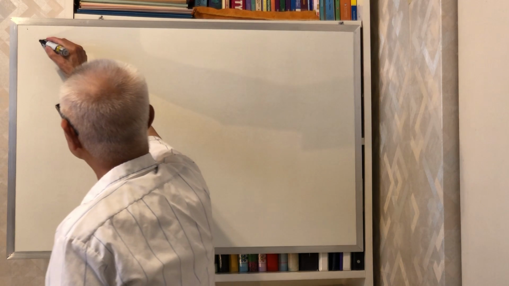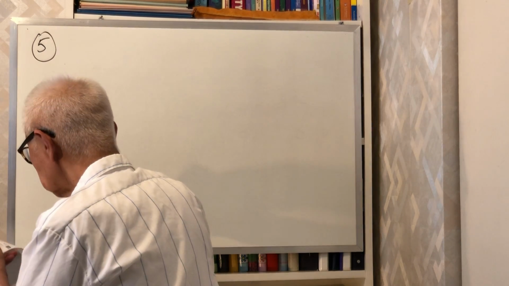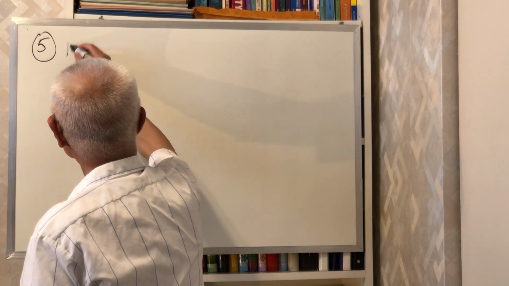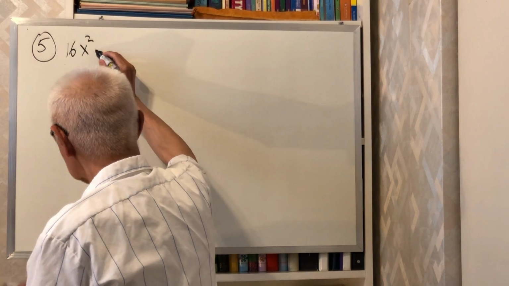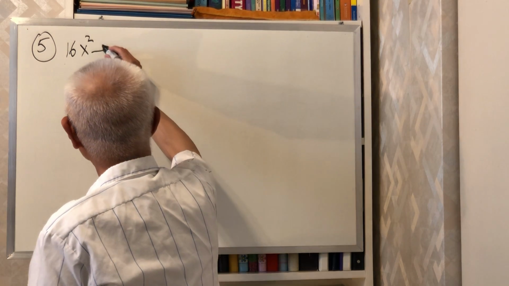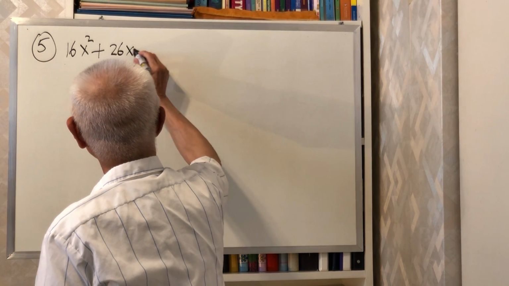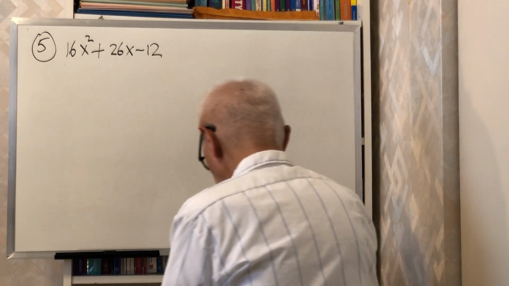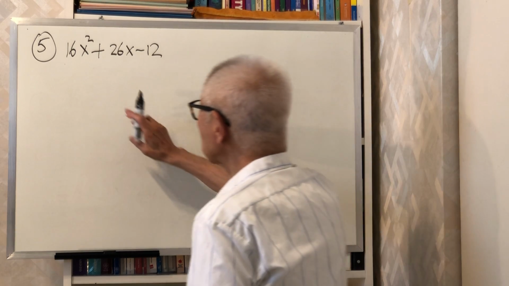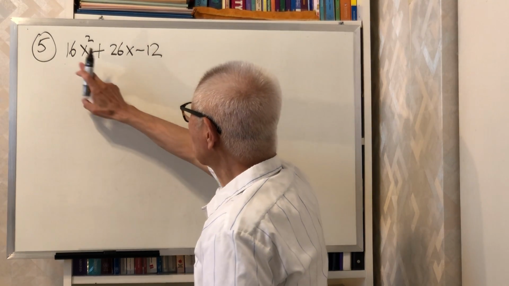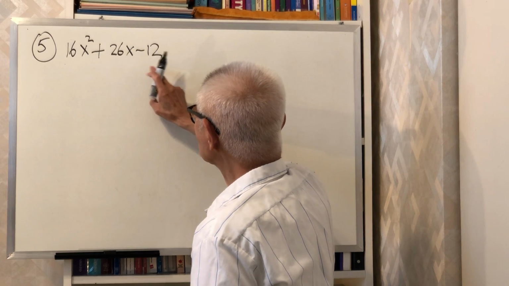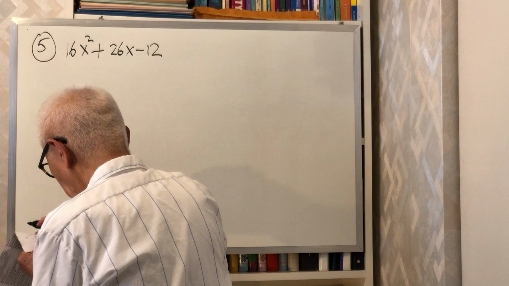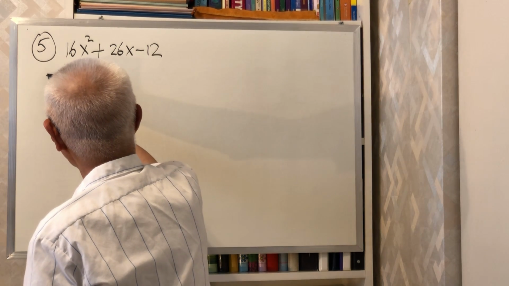Example 5. Before we multiply 16 and 12, I see that there is a common factor. So I should factor out the common factor first before I go on.